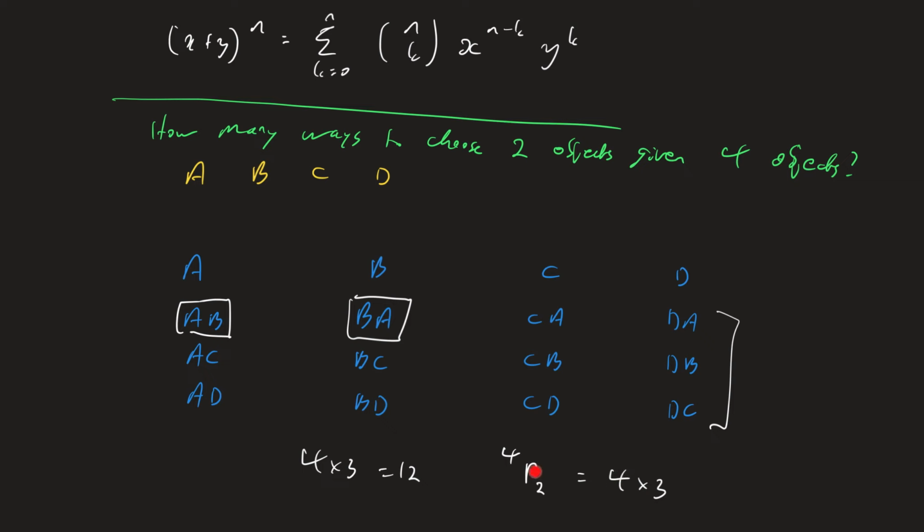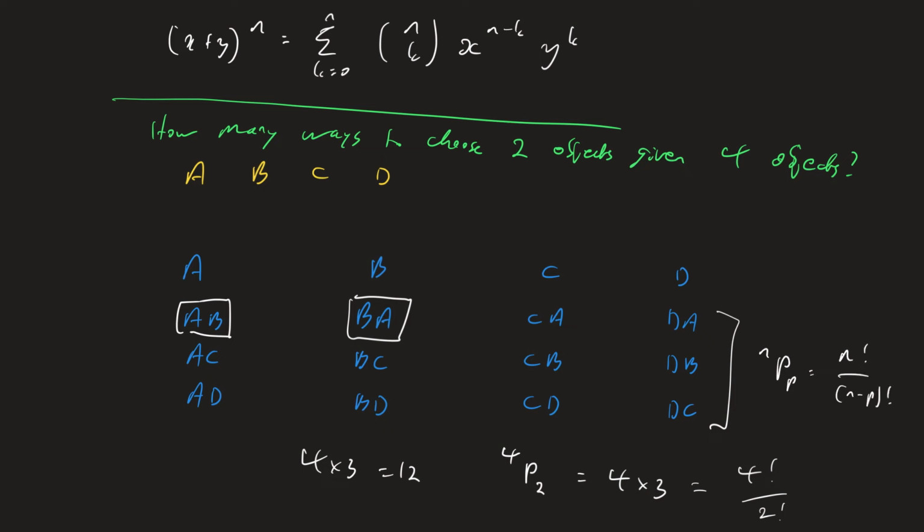So for permutation 2 is 4 times 3, and the formula can be written in terms of factorial as 4 factorial on 2 factorial for this special case, and in general n big P little p is equal to n factorial on n minus p factorial.